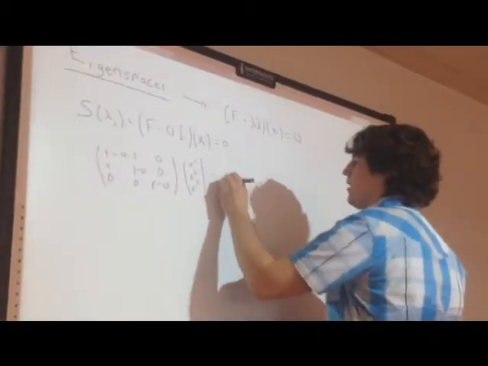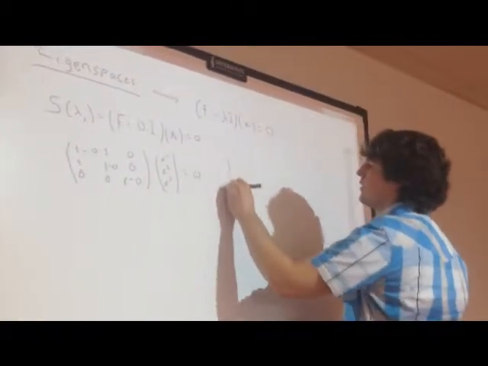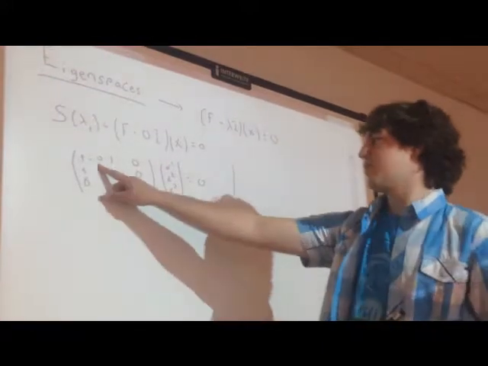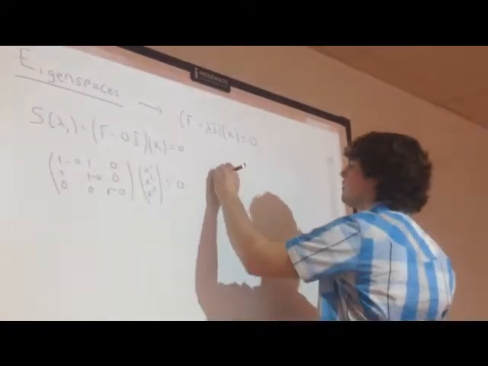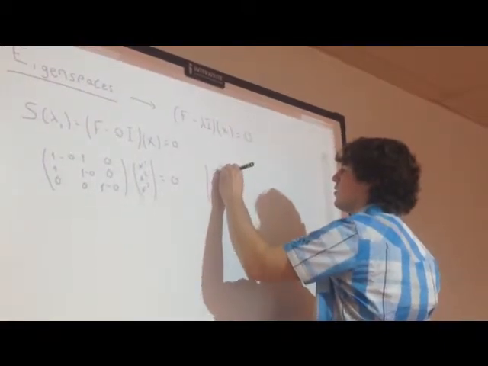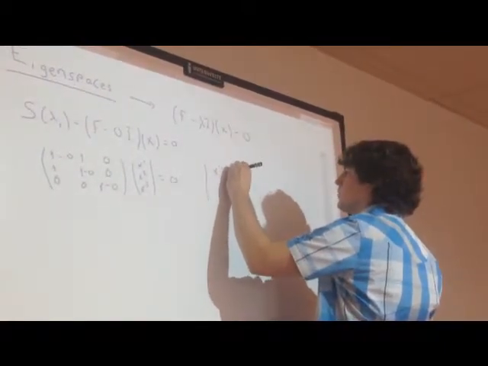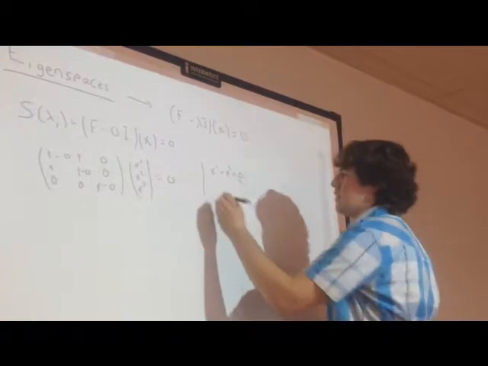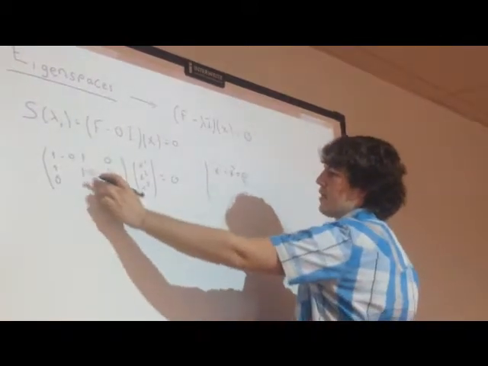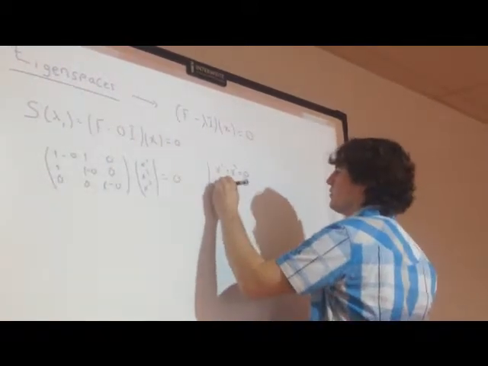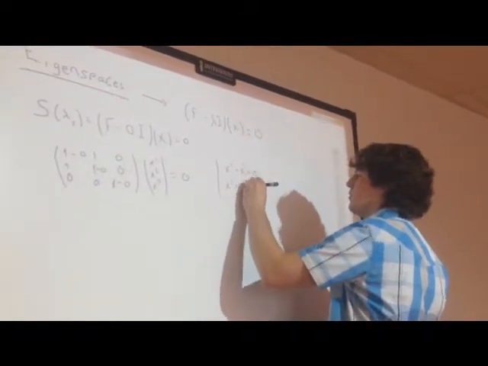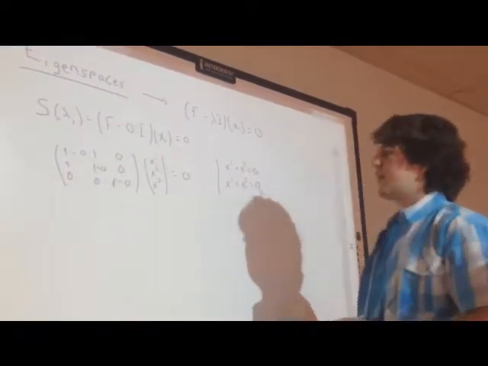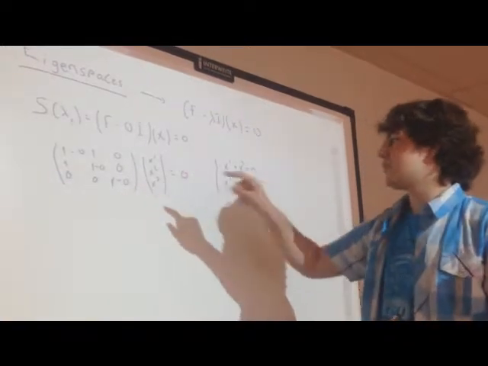All this equals 0. What do we get out of here? Multiplying these two matrices, we get x1 plus x2 equals 0. From the second row, we obtain the same, x1 plus x2 equals 0. And from the third, we obtain x3 equals 0.